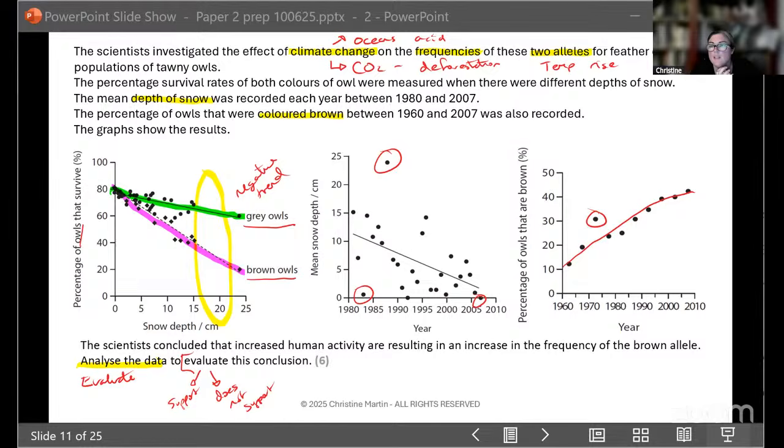Not Spearman's rank. No, Spearman's rank is just N. Hold on, let me just check this.